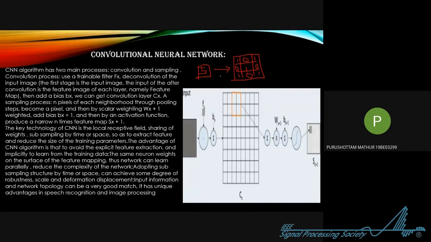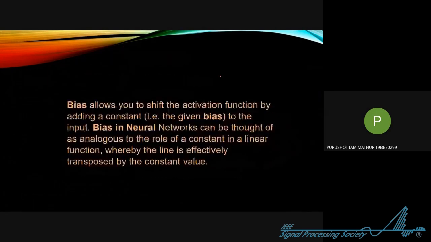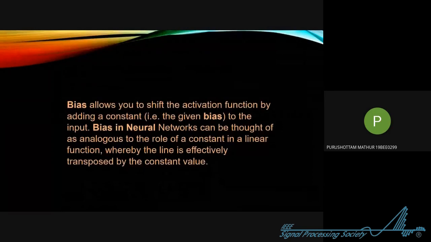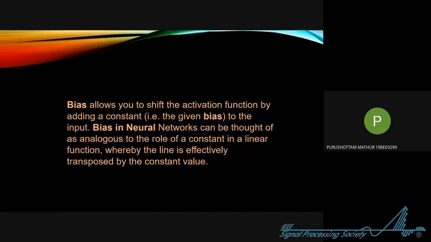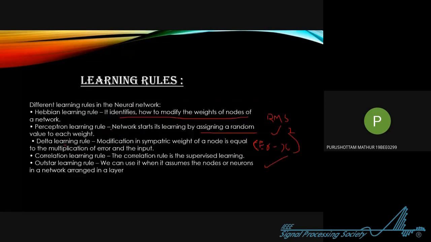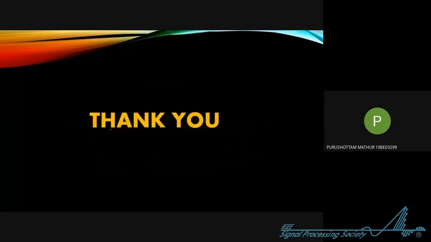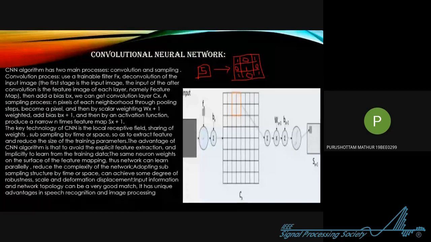They allow you to shift the activation function by adding a constant. After adding the bias bx, we get the convolution layer Cx. This is what is written here.